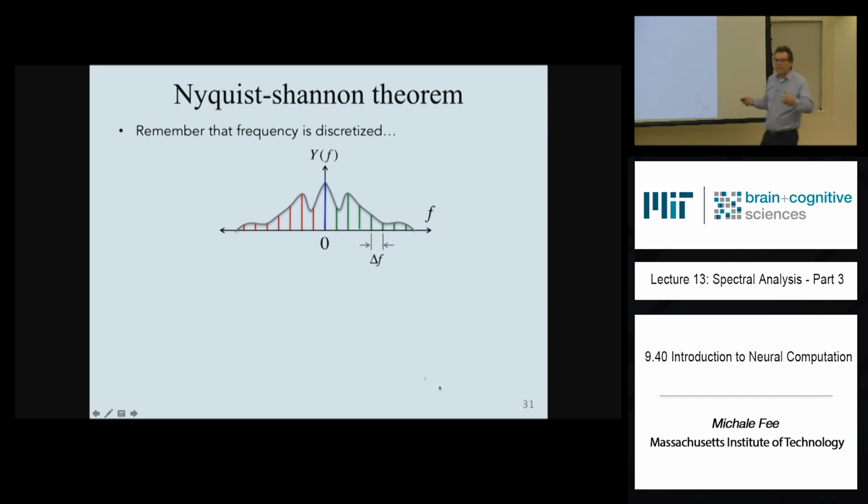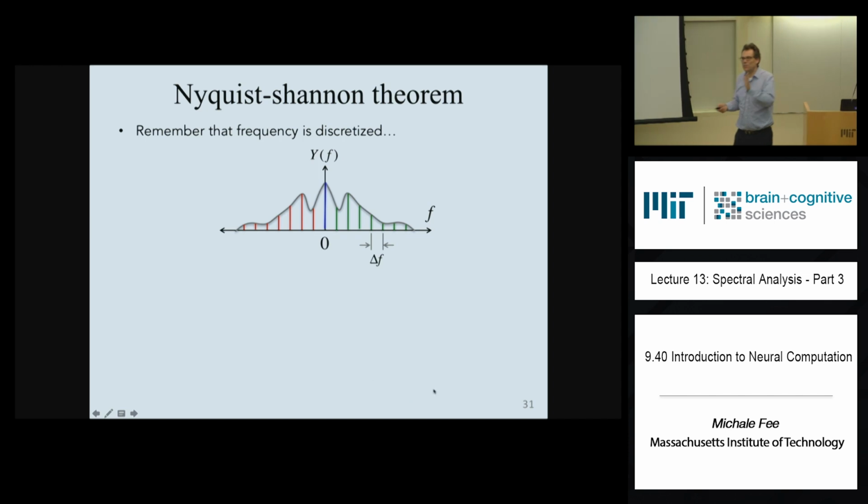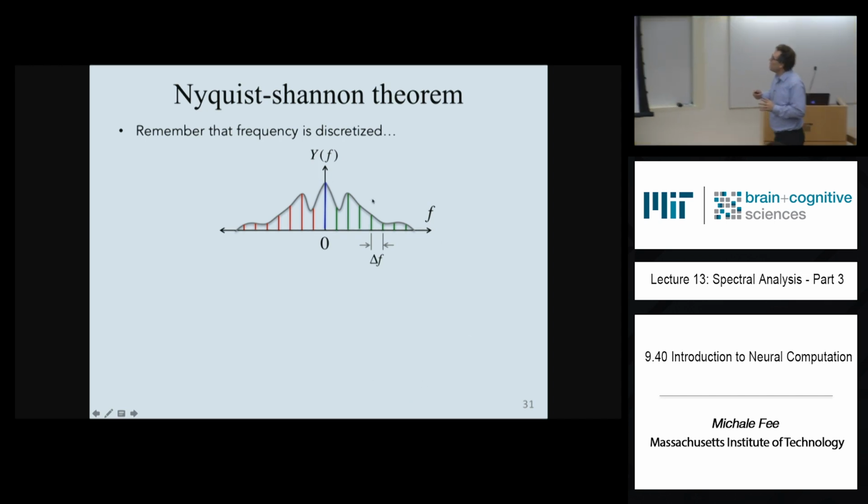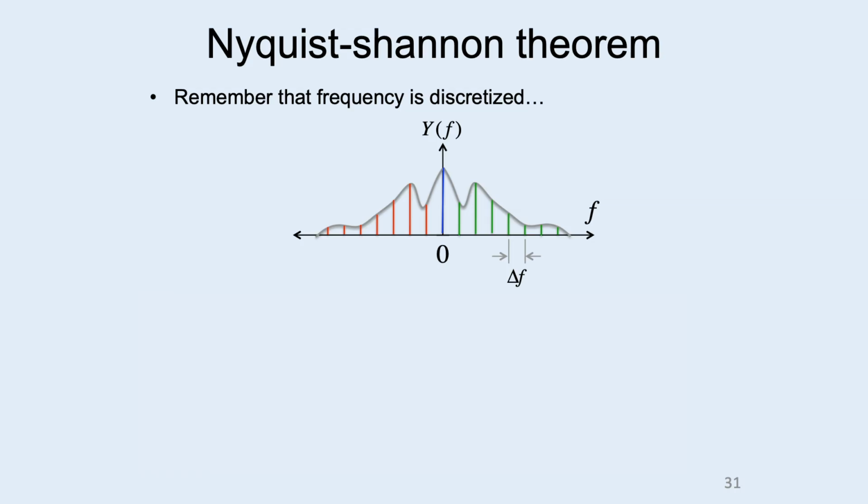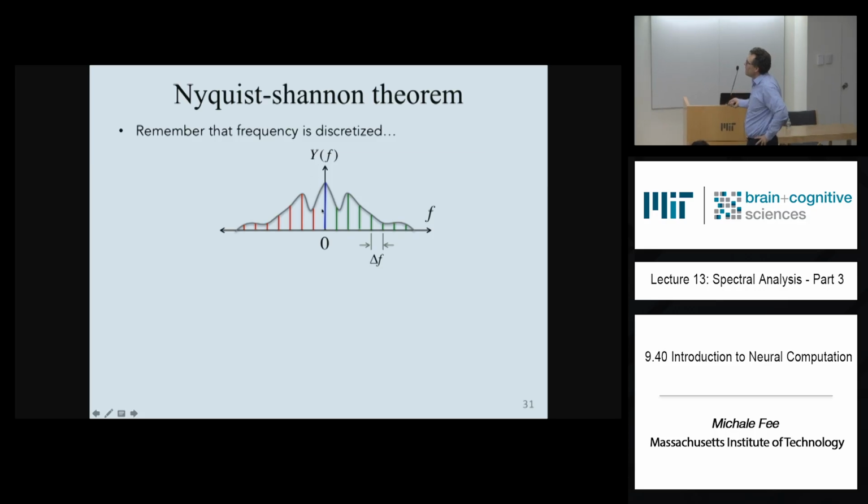But when we do fast Fourier transforms, we've discretized time and we've discretized frequency, right? So when we take the fast Fourier transform, we get an answer back where we have a value of the Fourier transform at a bunch of discrete frequencies. So frequency is discretized, and we have little samples of the spectrum at different frequencies that are separated by a little delta f.